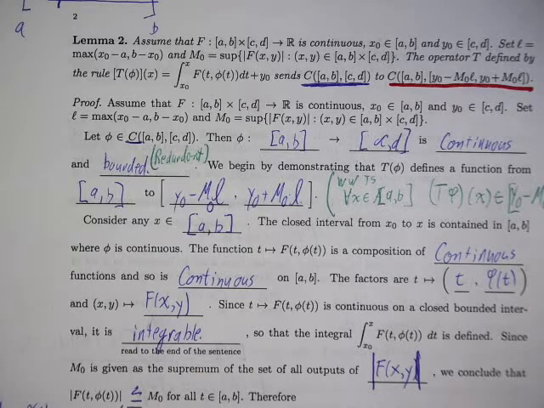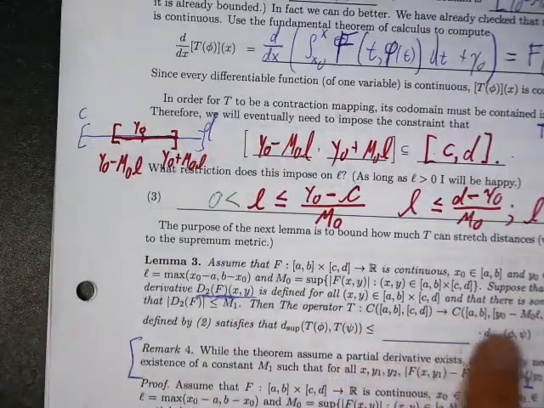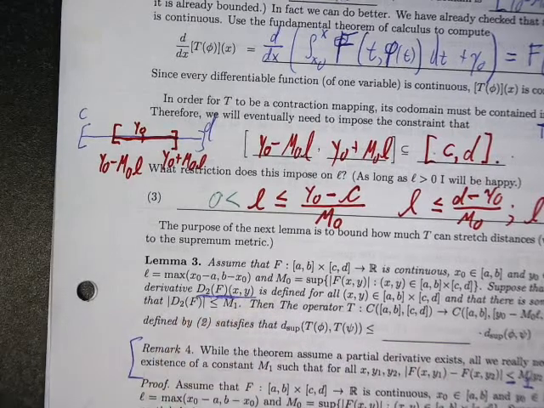So there will be assumptions 0, 1, 2, 3, 4. And the absolute value of d2 of f of x, y is less than or equal to some parameter that we call M1. So there are the assumptions between lemma 2 and lemma 3.